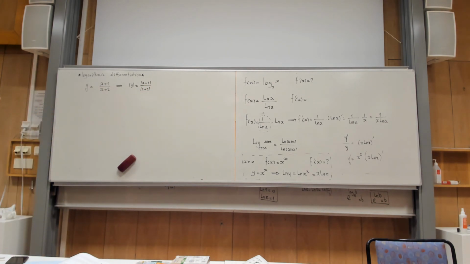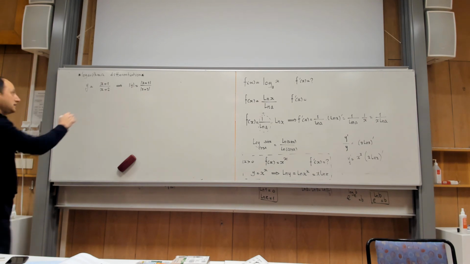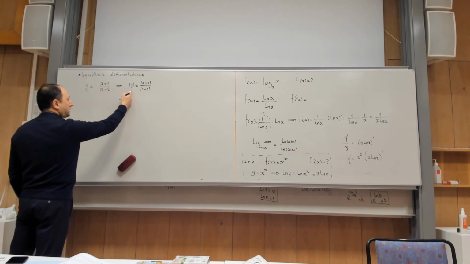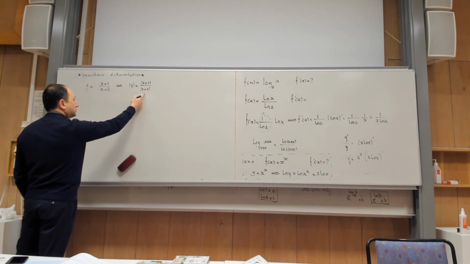The reason that I am taking absolute value is because I want to take ln, and I want to make sure that when I'm taking ln, I will not have any problems with negative numbers. So then I take ln from this one.